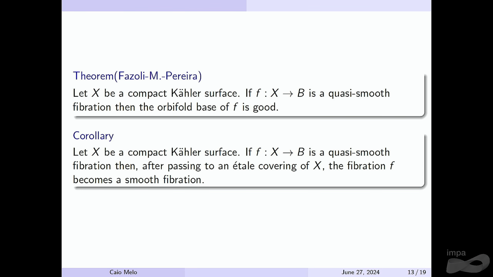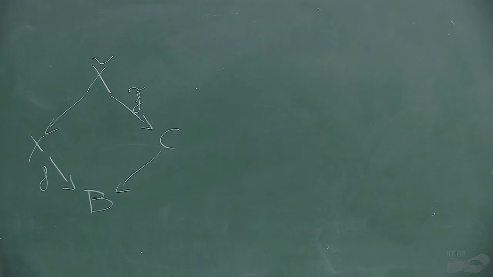So our theorem uses this proposition because we show that for a compact Kähler surface, a quasi-smooth fibration has a good orbifold base. So by this proposition, the foliation will have a smooth transversely projective structure. And by basically analyzing the proof of the proposition, we see that after a finite étale covering, the fibration becomes a smooth fibration, which is exactly this one.